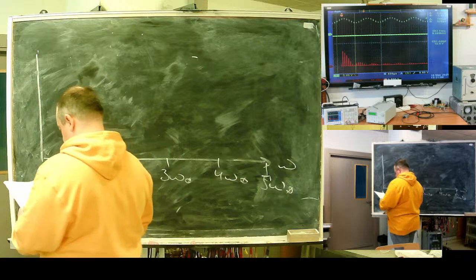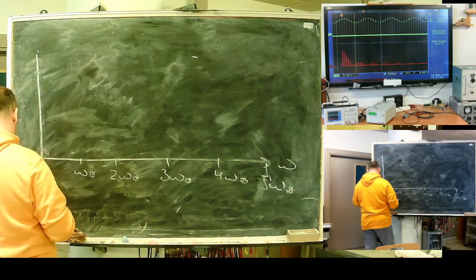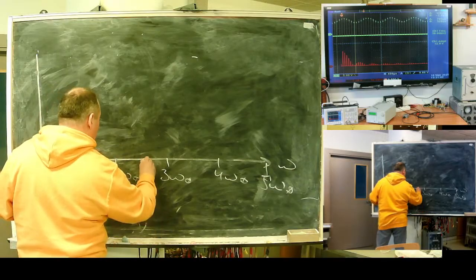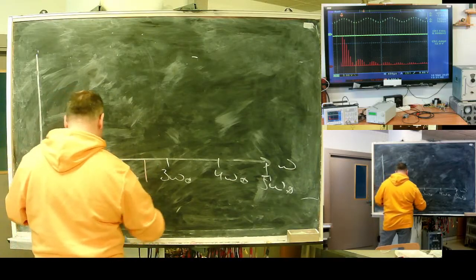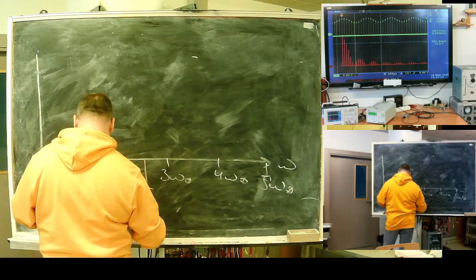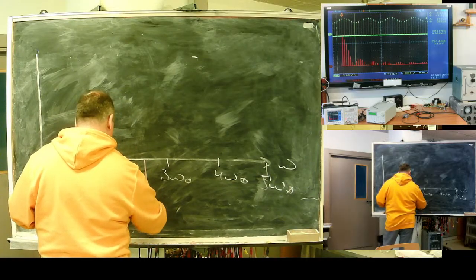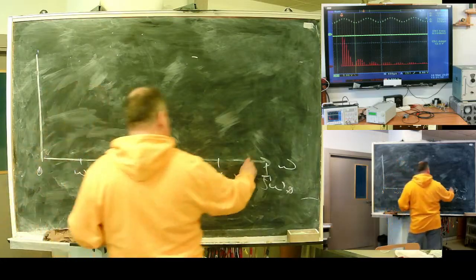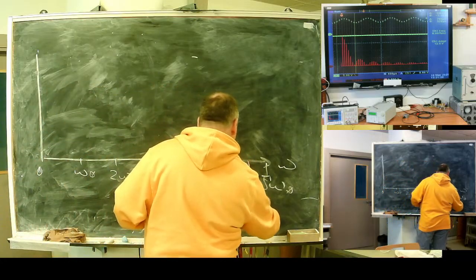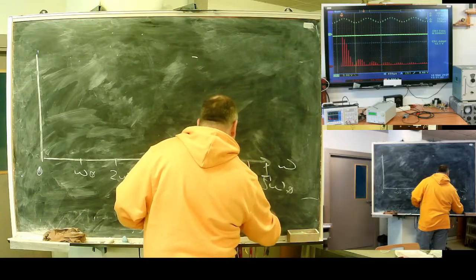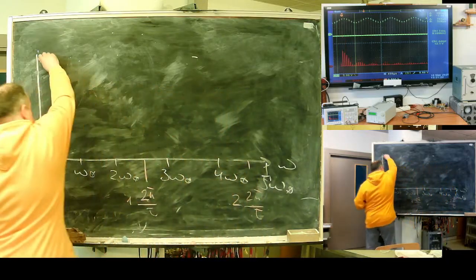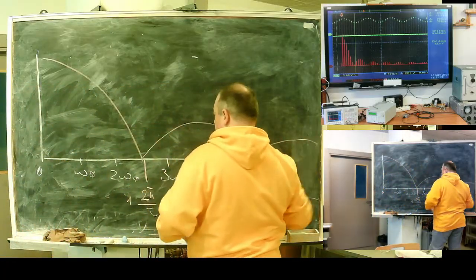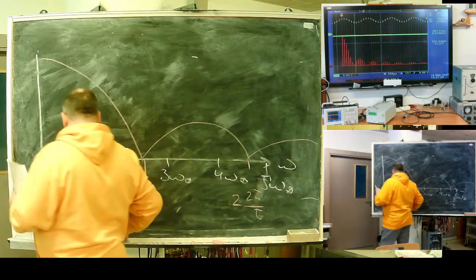Somewhere here is a point. This point is double p, 1 double p divided by tau. And somewhere here should be 2 double p divided by tau. Zero points.